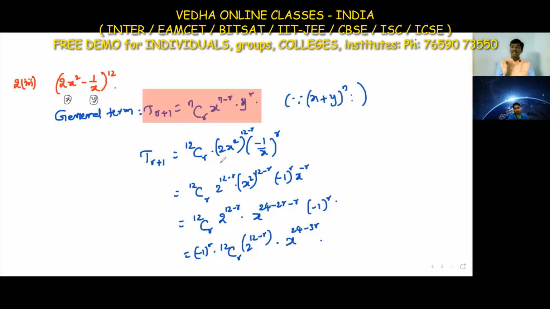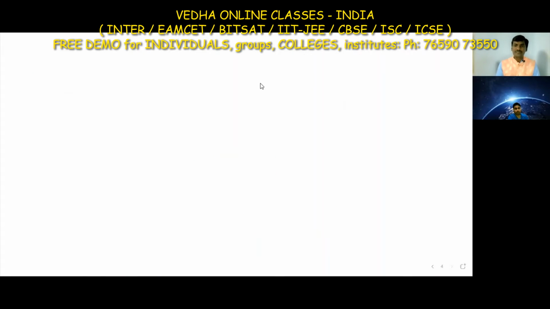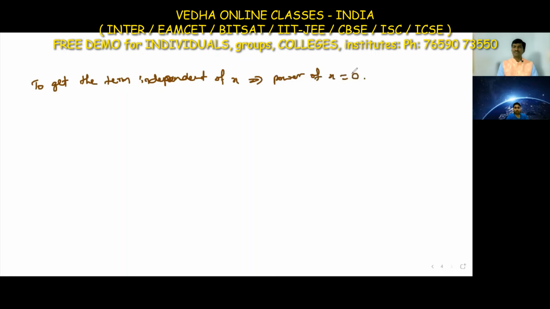Whatever the power we have, we have to equate to 0 to get the term independent of x. So to get the term independent of x, the power of x is equal to 0.